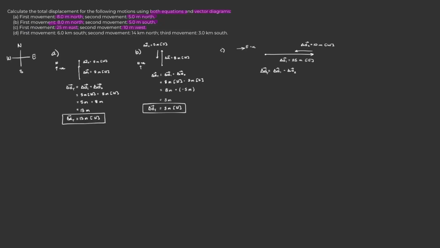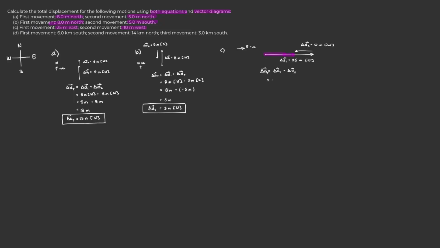I'm choosing the right to be the positive direction because I know that the displacement will be in the right direction anyway. If you choose the left as positive, that's totally fine. You might end up with a negative number in the end, but that negative number is just going to be translated back to a vector, which will have a direction anyway. And that's what the teacher really wants. So it really doesn't matter what direction is positive, okay?